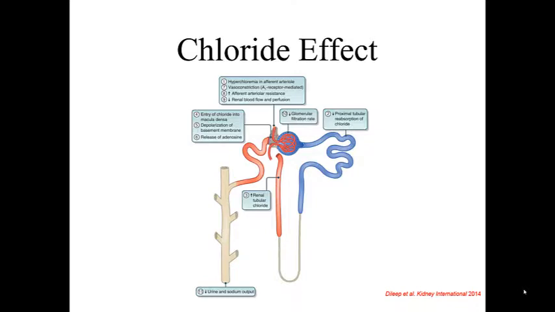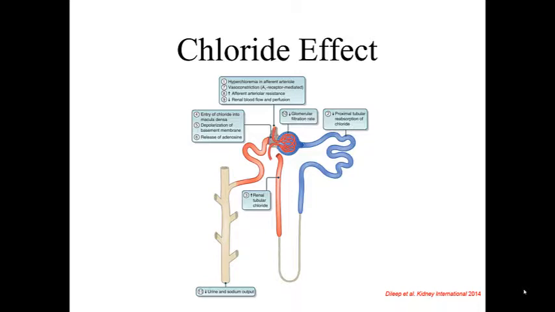Looking at the chloride effect on the kidney, when you give hyperchloremic fluid to patients, it results in hyperchloremia in the afferent arterioles and increases the chloride load in the renal tubules, resulting in decreased proximal tubular reabsorption and increased delivery of chloride to the macula densa.